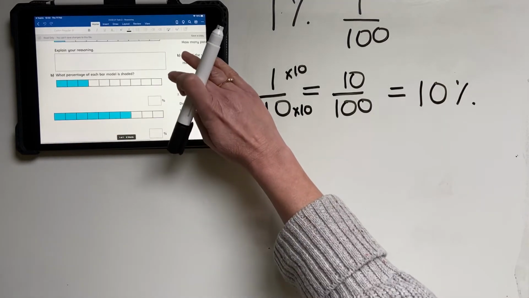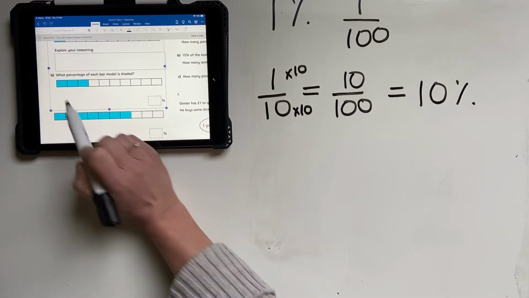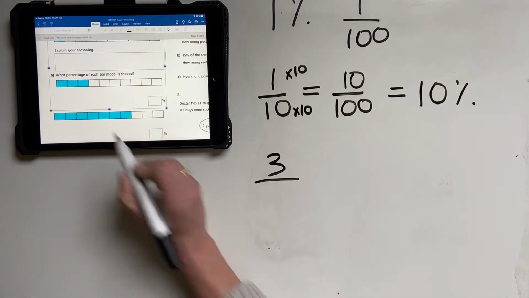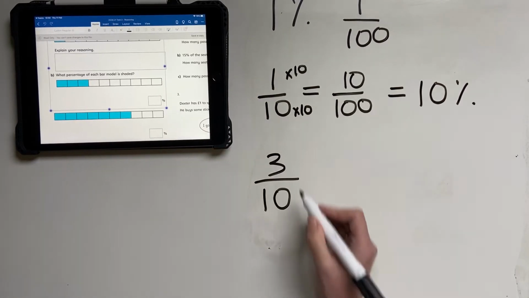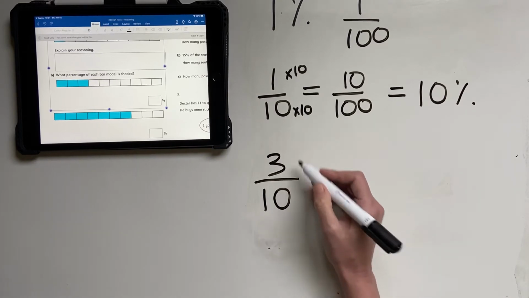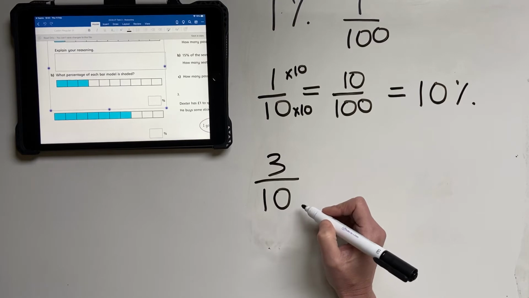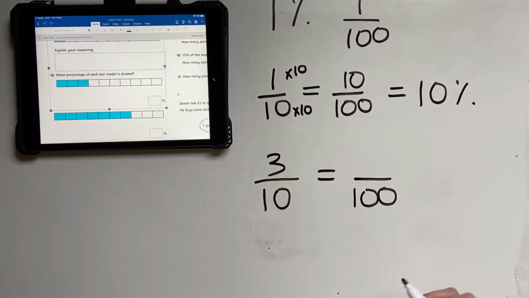B, what percentage is shaded there? Well, there's 3 out of how many? 3 out of 10. So 3/10 is shaded, not 3/100, 3/10. So what is 3/10 as a percentage? Well, what we need to do is we need to find the equivalent fraction out of 100 or hundredths.